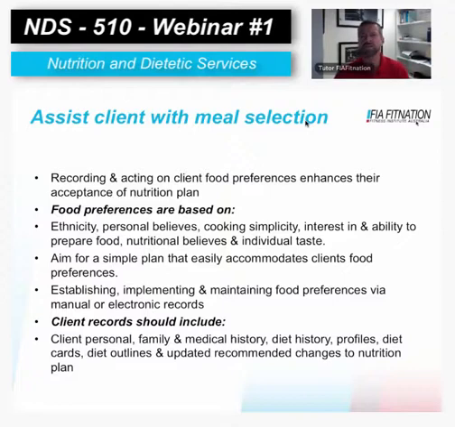Dietitians design the most appropriate plan for their client, but there are certain parameters that can be varied within that, and a lot of it relates to food preferences. Finding food preferences that your client really likes enhances the palatability and the likely adherence to the program designed by the dietitian.